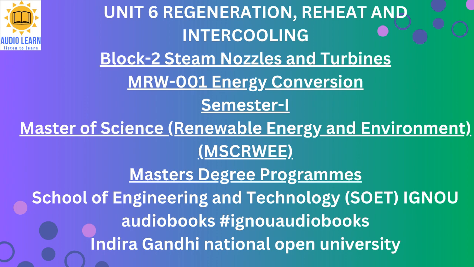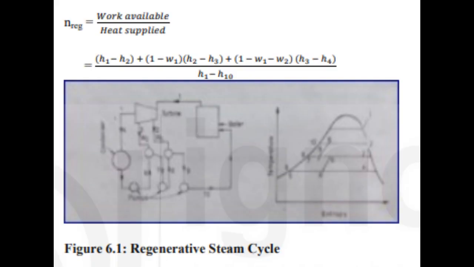If W1 and W2 are quantities of extraction for unit weight of steam entering at the throttle, then 1 unit of steam flows from 1 to 2, 1 - W1 from 2 to 3, and 1 - W1 - W2 from 3 to 4. Therefore, if the pump work is neglected, the ideal efficiency of the cycle can be expressed as: look at the screen. Figure 6.1, Regenerative Steam Cycle.